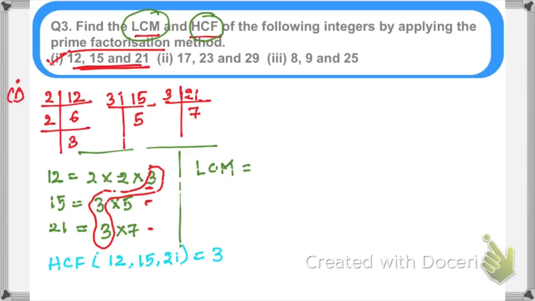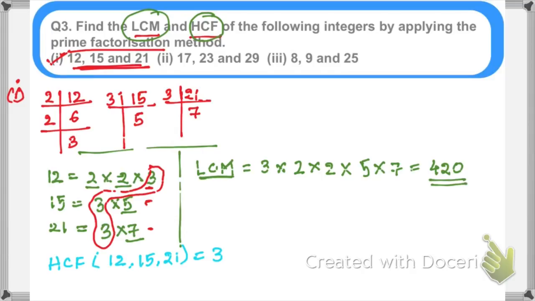Those that can't be taken as common are 2 into 2, the next one is 5 and the next one is 7. So this will give you the result as 420. So the LCM is equal to 420 and the HCF is 3.